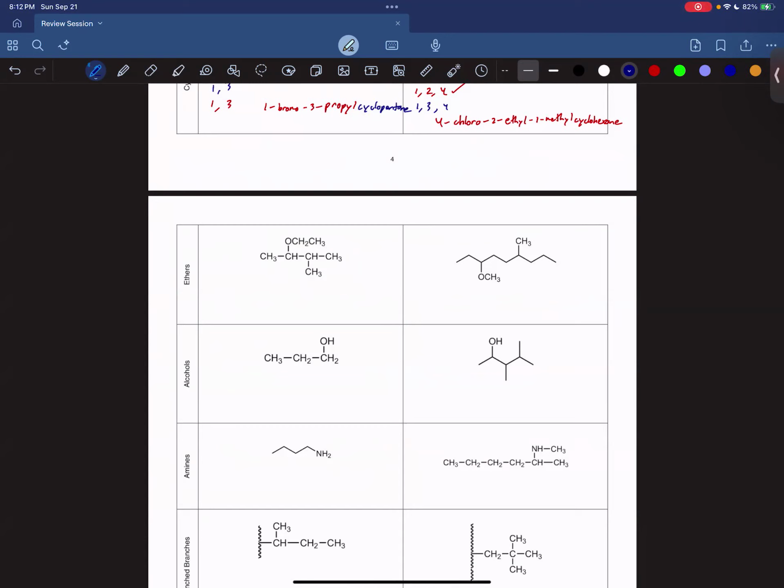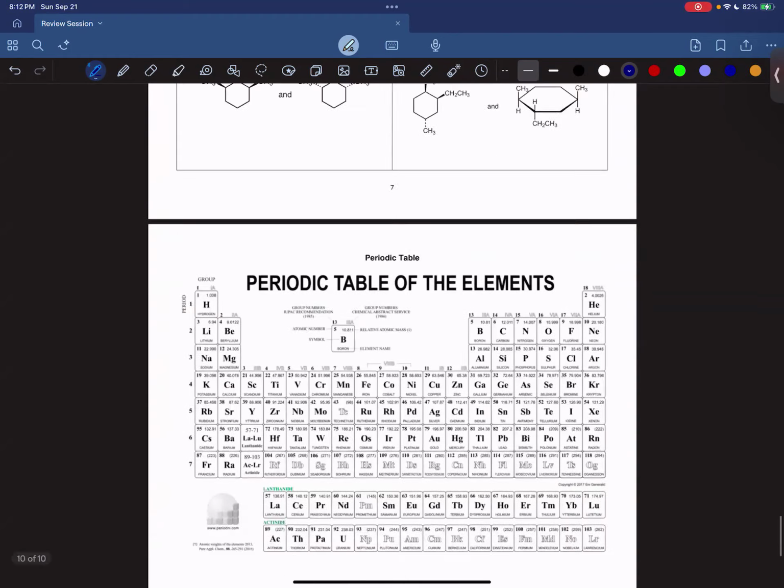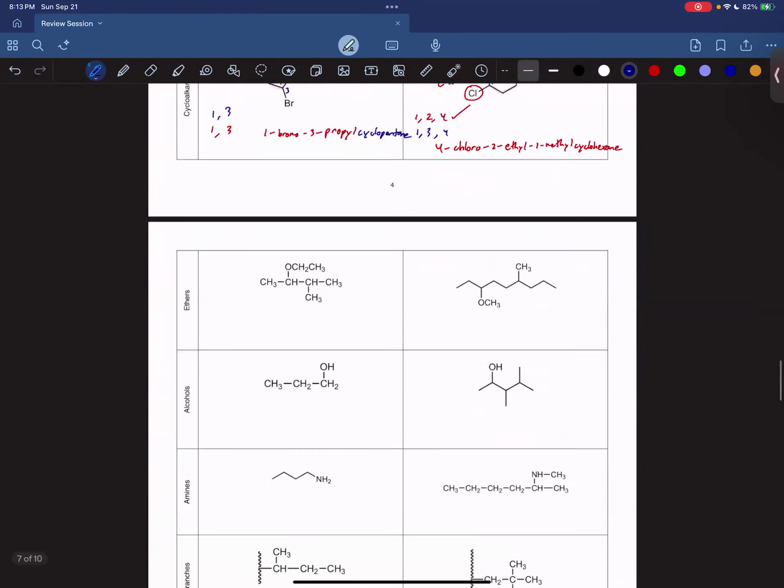I don't think anyone wants to sit here until 10. If we end before 9, I think we will. There's 7 pages.